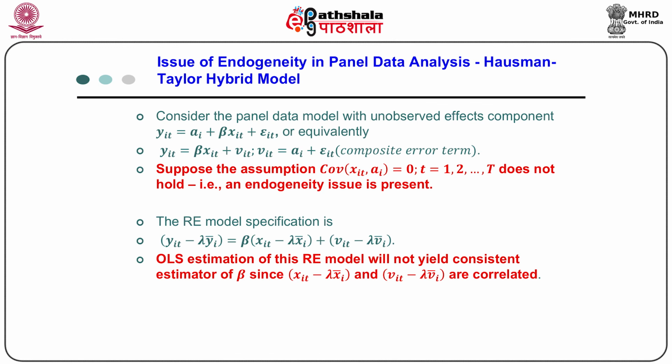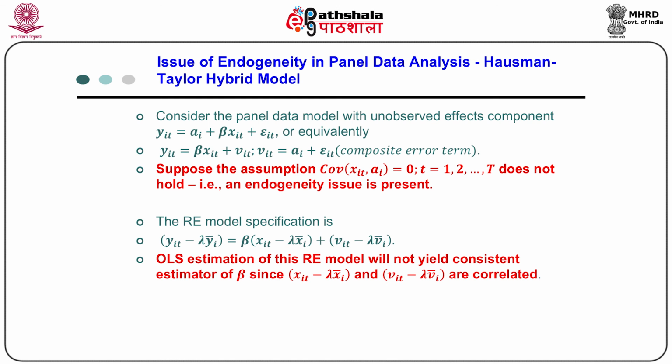Now, let us consider the issue of endogeneity in panel data analysis, and for this we consider the Hausman-Taylor hybrid form of the model. Now, consider the panel model yit equal to alpha plus beta xit plus epsilon it, or yit equal to beta xit plus vit, where vit represents the composite error alpha i plus epsilon it. Now, suppose the assumption that covariance of xit and vit is equal to 0 does not hold, that is, an endogeneity problem arises.